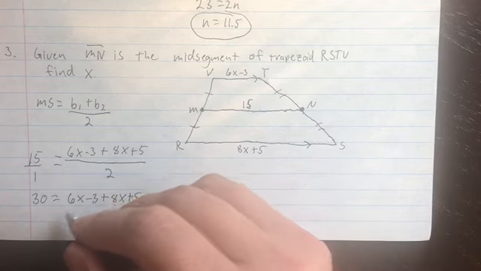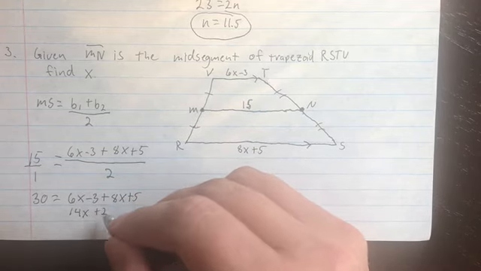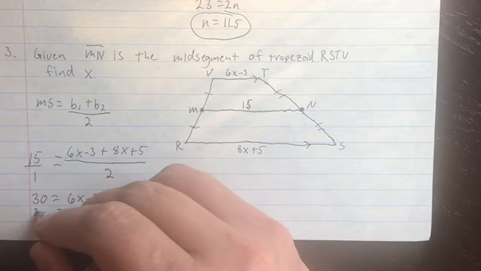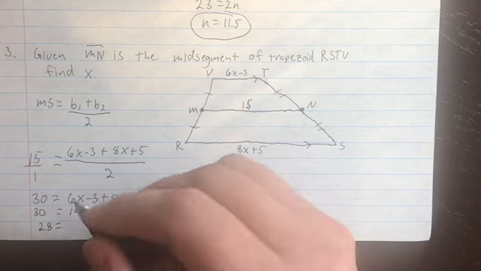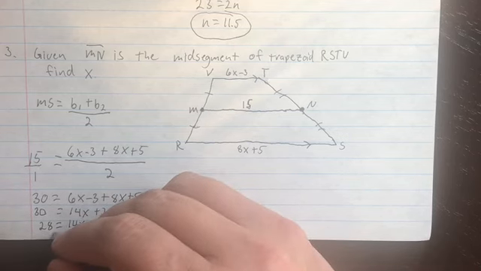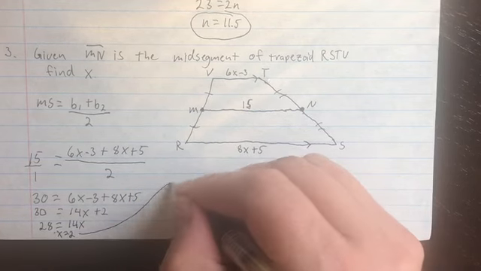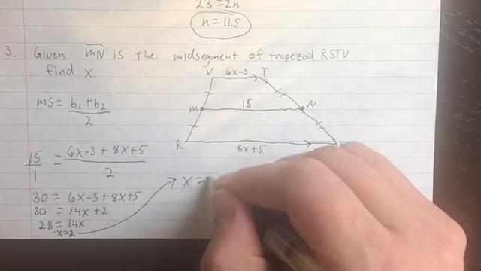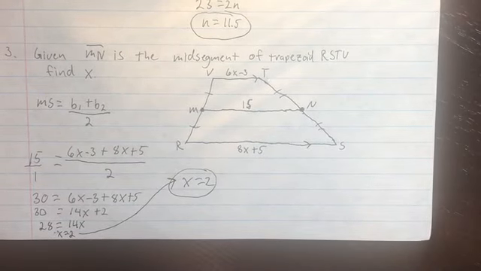Combine like terms again. 14x plus 2 equals 30. And 28 is equal to 14x. X is equal to 2. And our solution is x equals 2. And that completes our example problems for today.